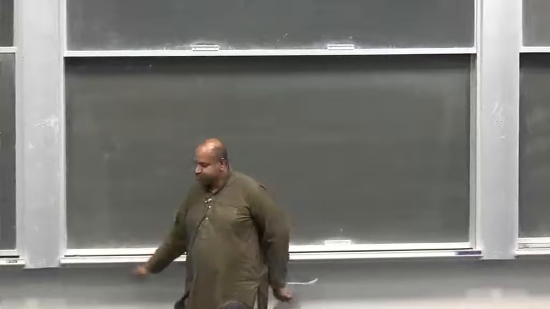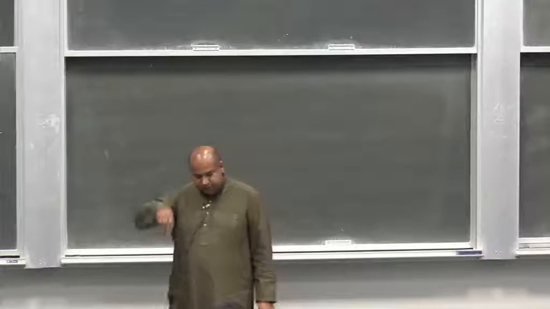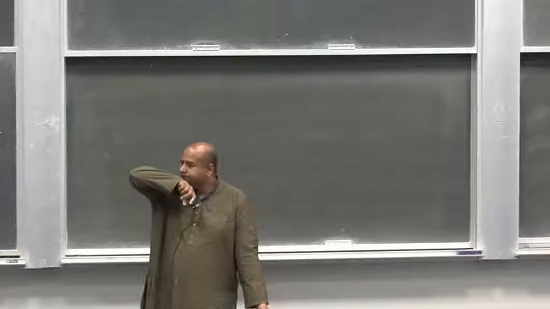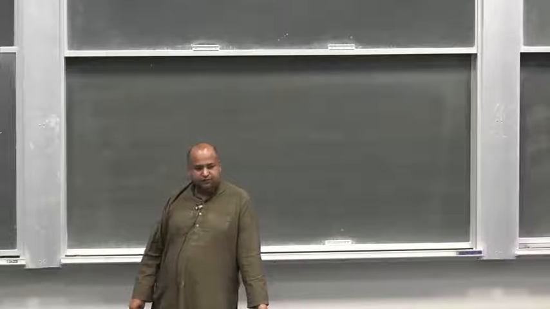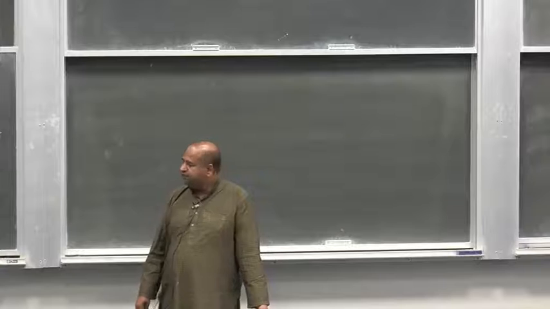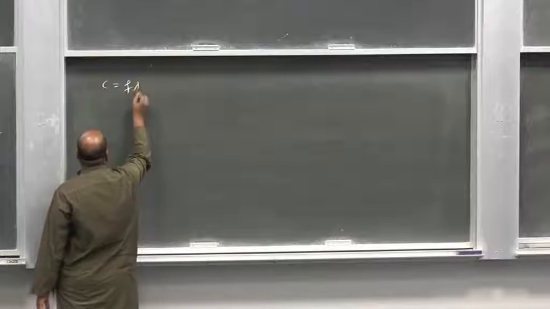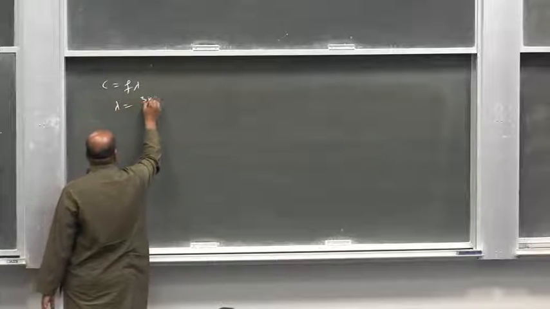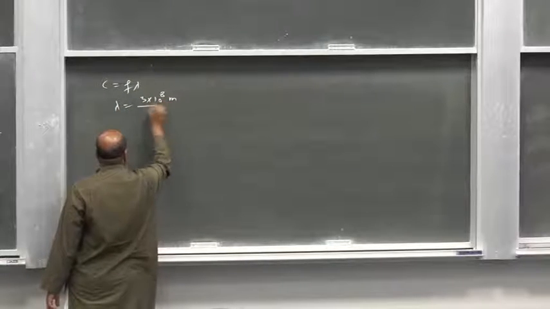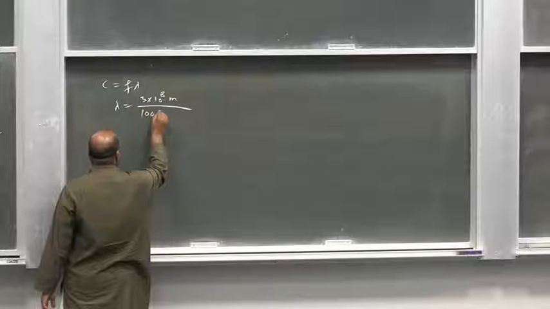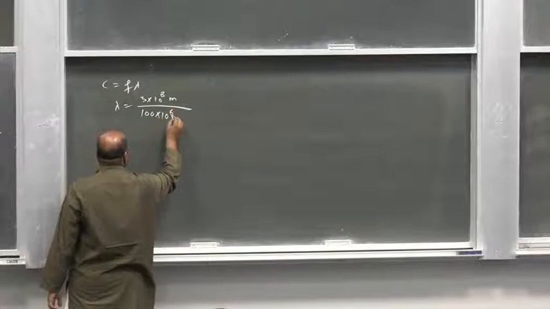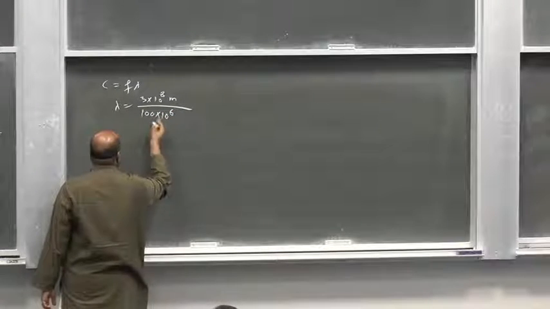If, for example, you are transmitting FM radio, FM radio has a frequency of about 100 megahertz. So what's the wavelength for 100 megahertz? F is 100 times 10 power 6, so lambda is about 3 meters.